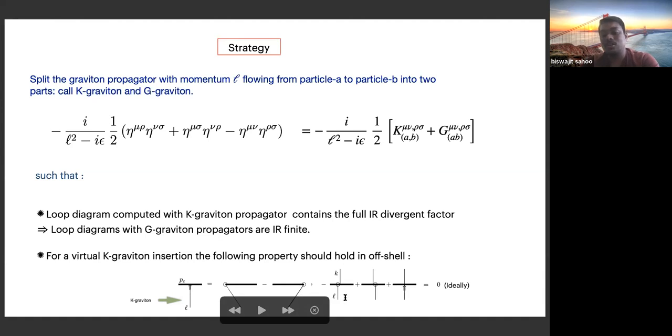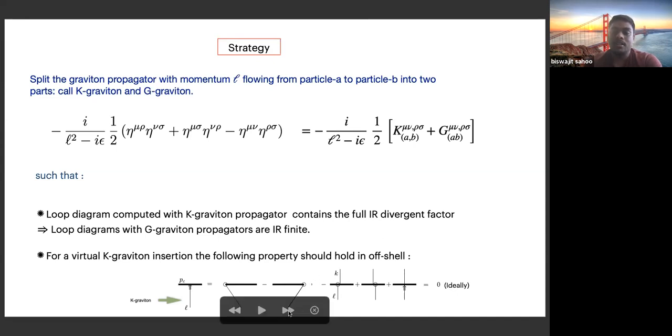With this, we can also check that even if there is an external graviton, if we choose this K properly such that it goes to the extreme left and extreme right, connected via a two scalar, two graviton vertex, then this diagram vanishes. So if we insert a K graviton, it will help the diagram propagate to the extreme left and the extreme right.